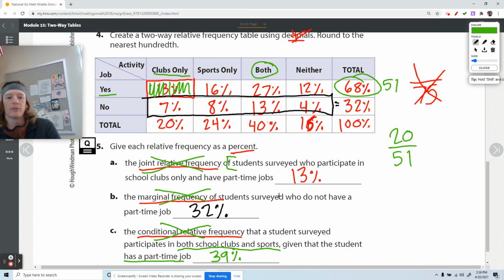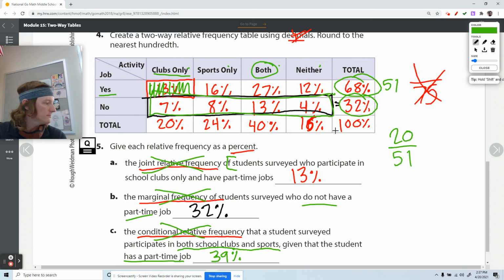Marginal frequency. Don't worry about what that word means. Just think, students surveyed who do not have a part-time job. How many do not have a part-time job? Well, that's going to be a bunch of boxes because that might be kids who are in clubs or sports or both or neither. Doesn't matter. We only care about their job, which was 32.